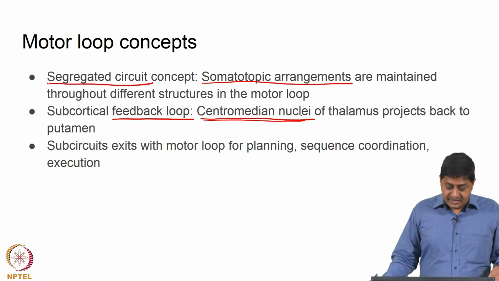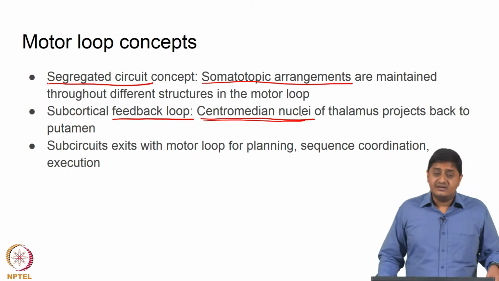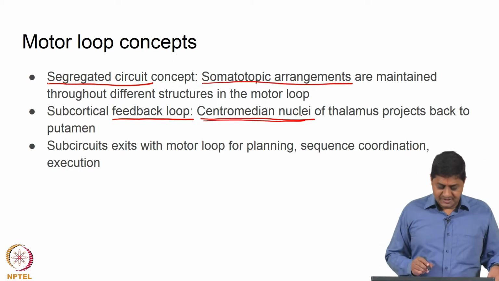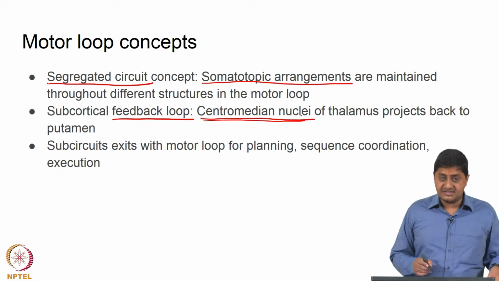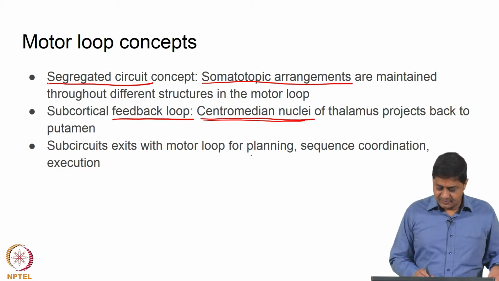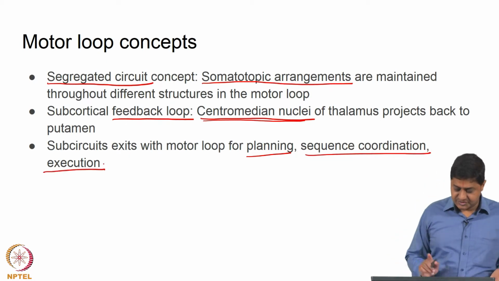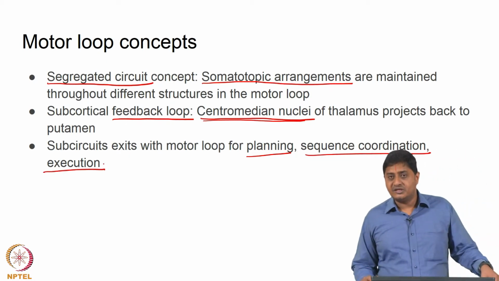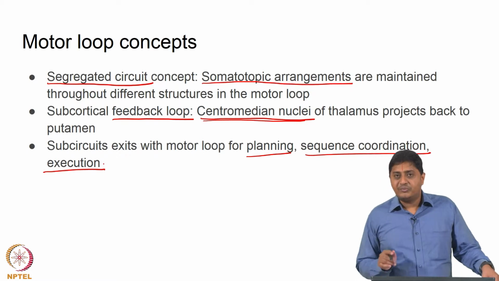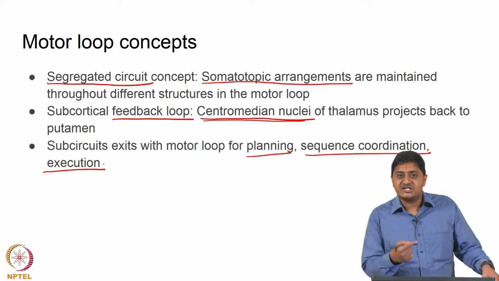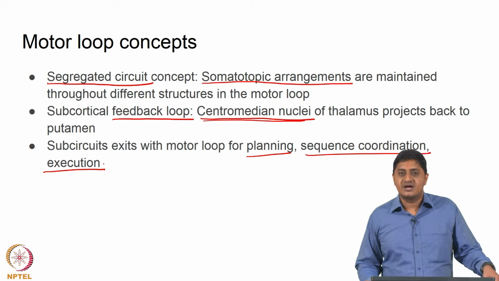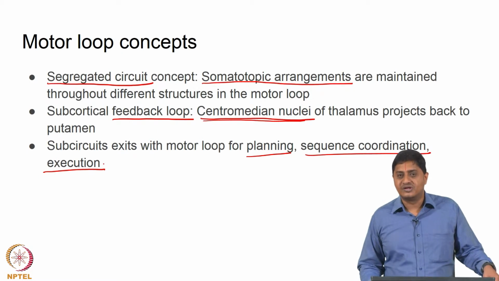Also, it has been noted that different subloops or subcircuits exist within the motor loop for planning, sequence coordination and execution. That means it depends on what function I am going to use a particular limb or organ of the body for.